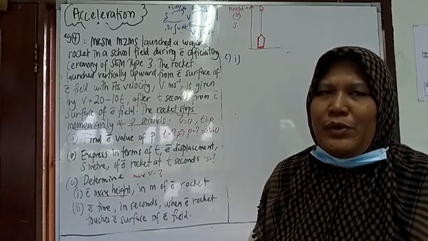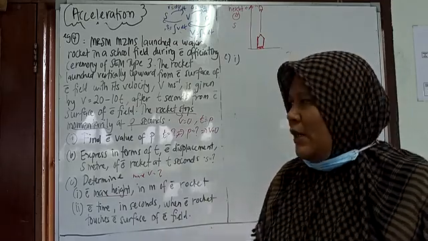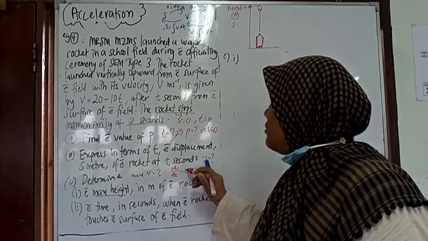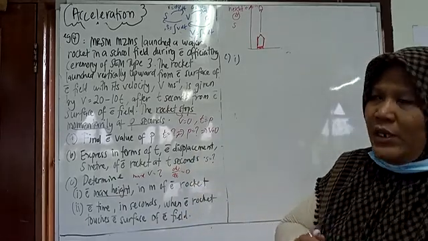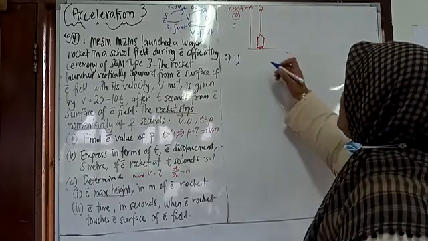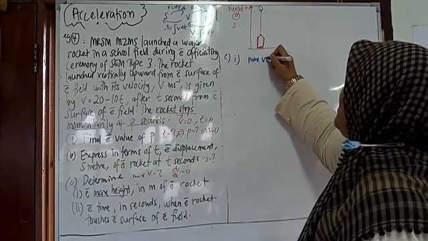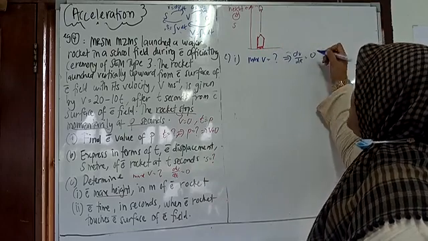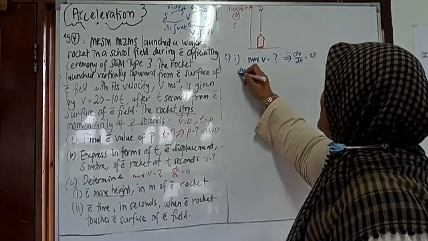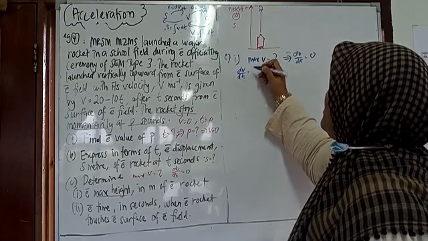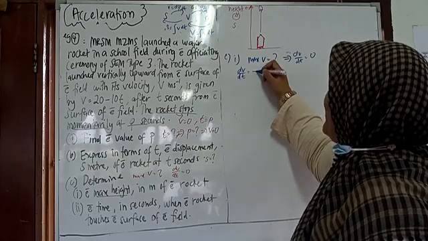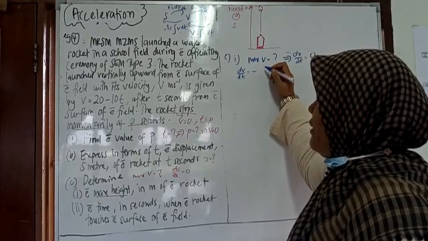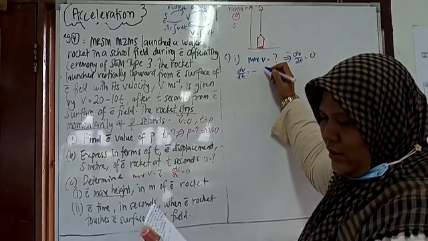When we talk about maximum or minimum, we are talking about ds/dt equals 0. So max s when ds/dt equals 0. So dv/dt equals negative 10.